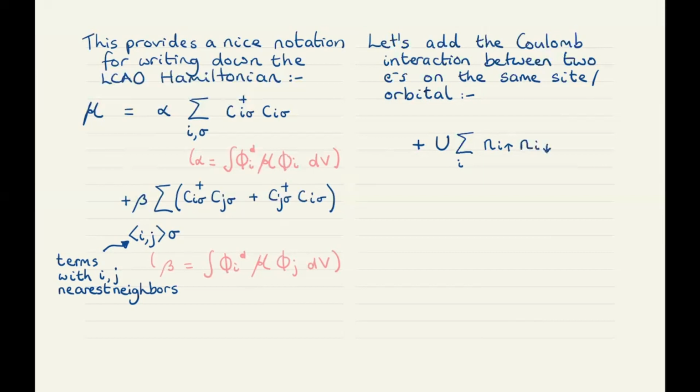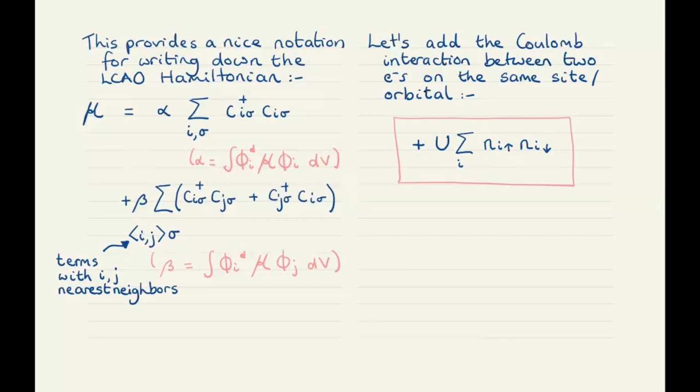And the number of down-spin electrons on site I is n sub I down-spin. So this is our Coulomb repulsion between two electrons. They have to have opposite spin if they're both occupying site I. And of course, if either the up-spin electron is absent or the down-spin electron is absent, then this term goes to zero because there can be no Coulomb repulsion if there's only one electron.